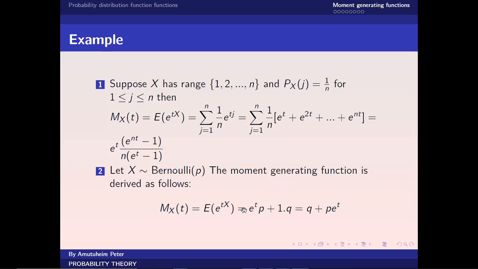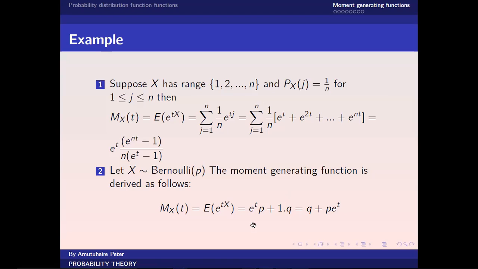The Bernoulli is a discrete distribution, so this is going to be the sum from x equal to 0 up to 1, because it takes on only two values, 0 and 1. We sum from 0 up to 1 of e to the tx, then into the function p to power x, then q to power n minus x, the same as for the binomial.